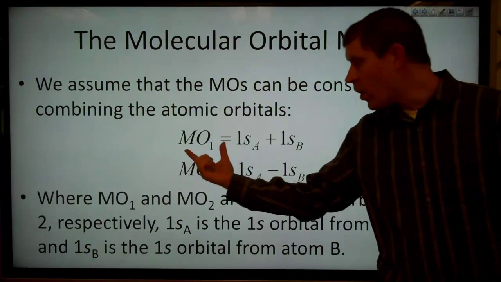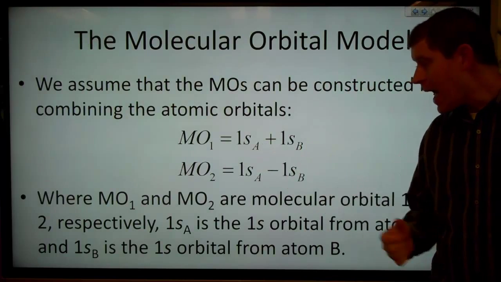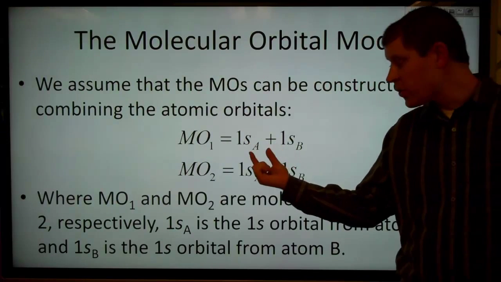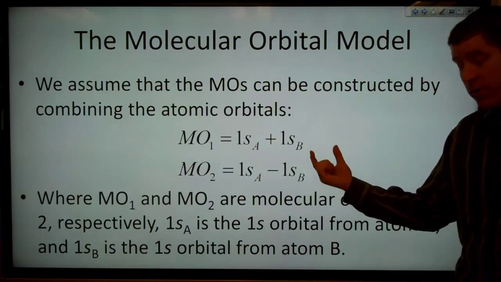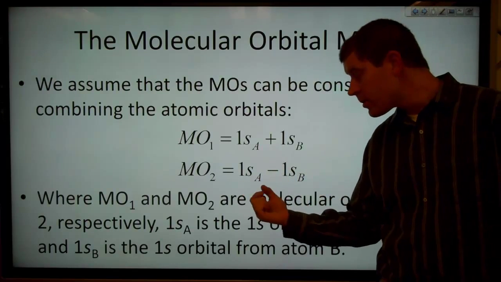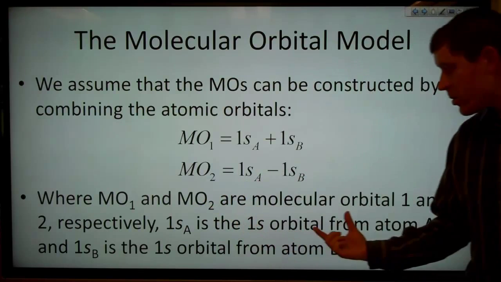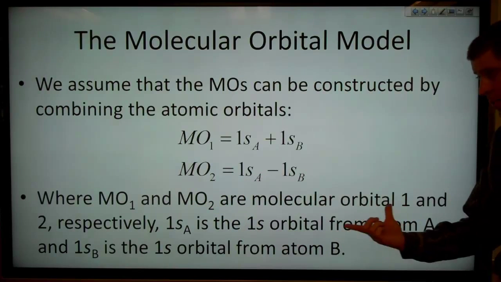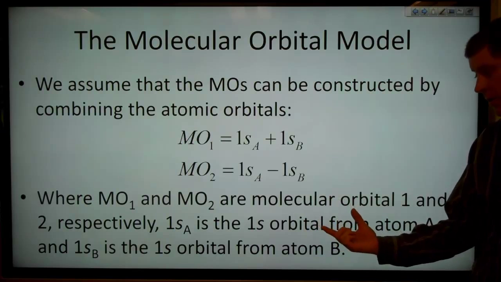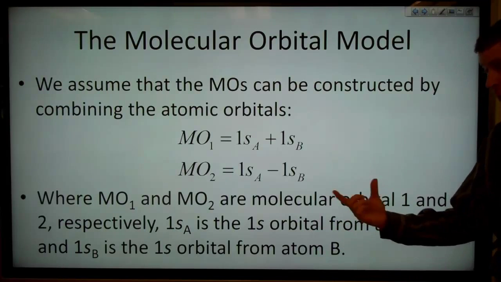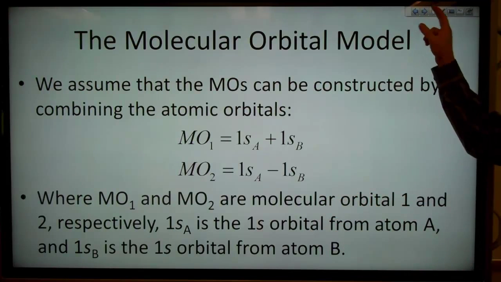So maybe with one of them, with MO1, we add together our 1s orbital from hydrogen A and our 1s orbital from hydrogen B, and in the other one we subtract them, let's say, so we have 1sA minus 1sB. So MO1 and MO2 are molecular orbital 1 and molecular orbital 2. 1sA is the 1s orbital from atom A, and 1sB is the 1s orbital from atom B.